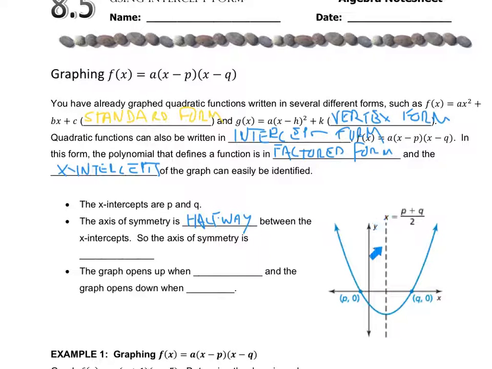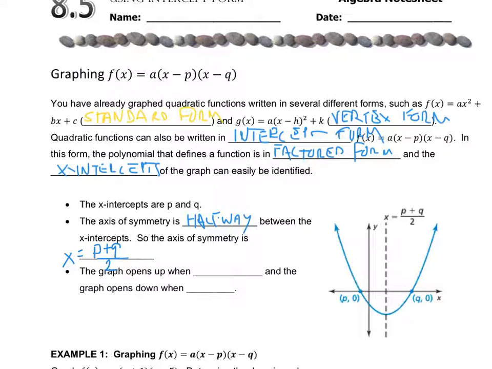So the axis of symmetry is halfway between those x-intercepts. We're going to take p, add it to q, and divide by 2. Because it is halfway between those 2 points, we're just finding the average of those 2 points to find where the middle is.